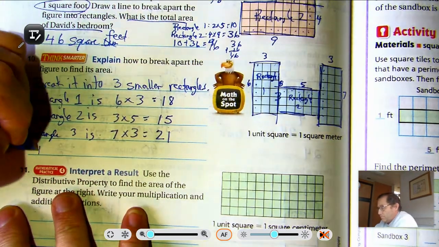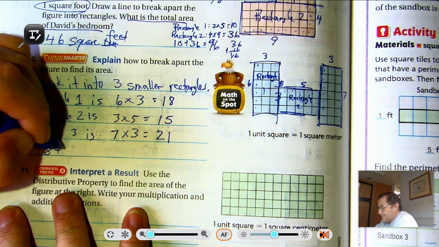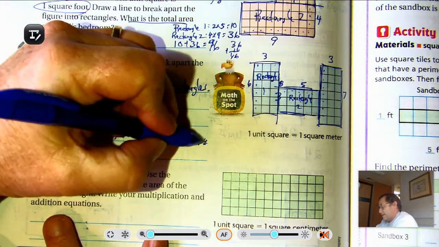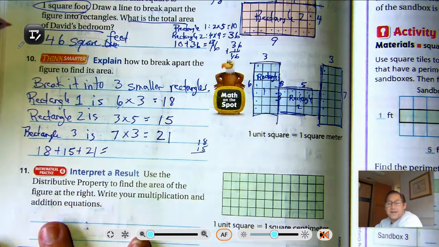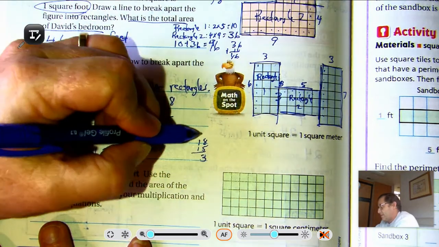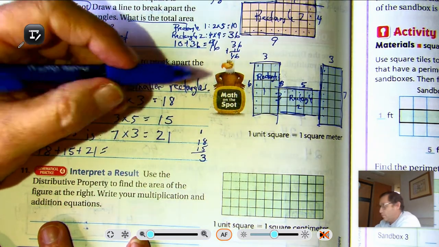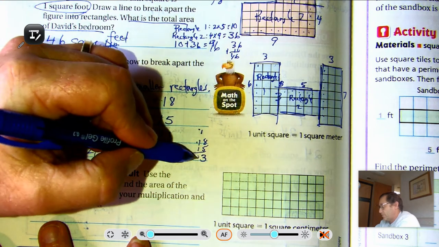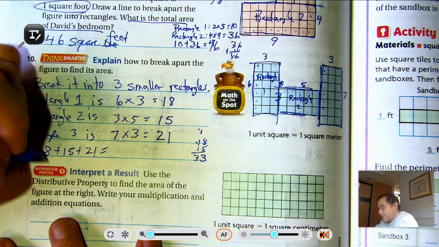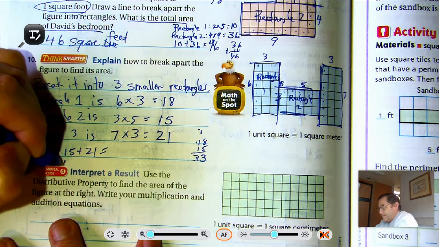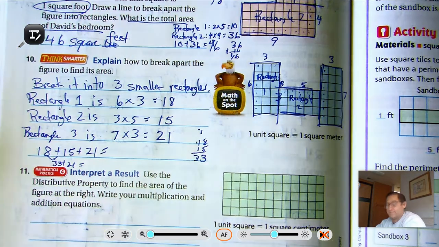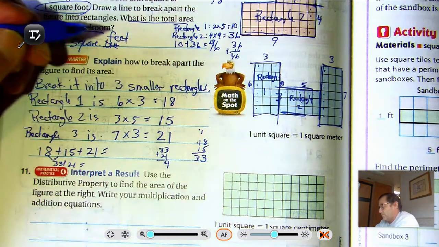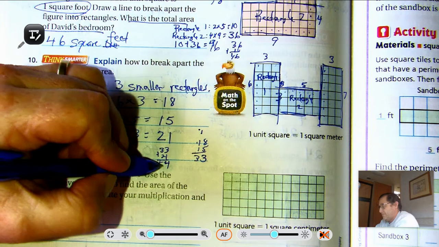All right, so we would add those all up. 18 plus 15 plus 21. 18 and 15, 8 and 5 is 13. Regroup that as 1 ten and 3 ones. 2 tens plus the regrouped 10, 3 tens. So we get 33 plus 21. 33 plus 21. 3 and 1 is 4. 3 tens and 2 tens is 5.